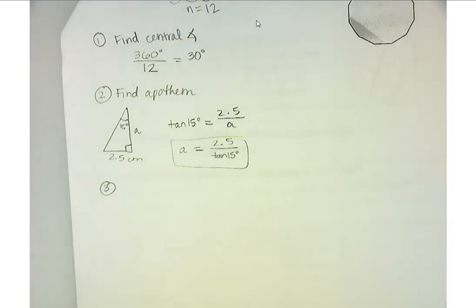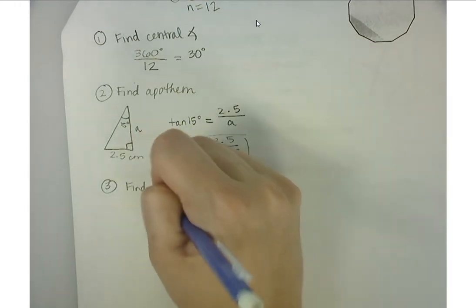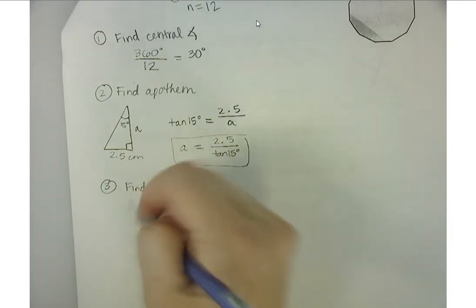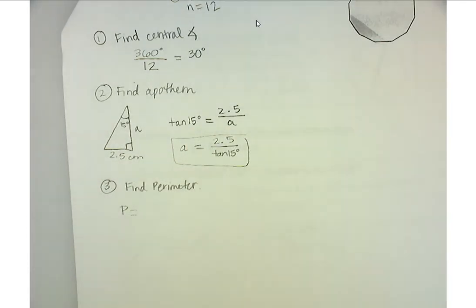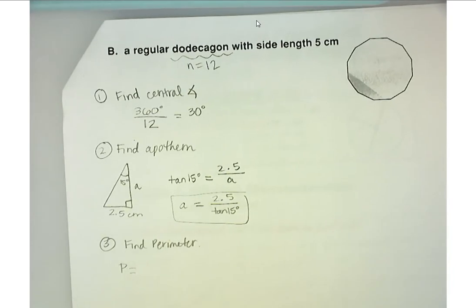Yeah, the perimeter. And how do we do that? How are you going to find the perimeter, Maddie? Okay, so do we know what the side length is? Yeah, right? The perimeter is just going to be the distance around your shape.